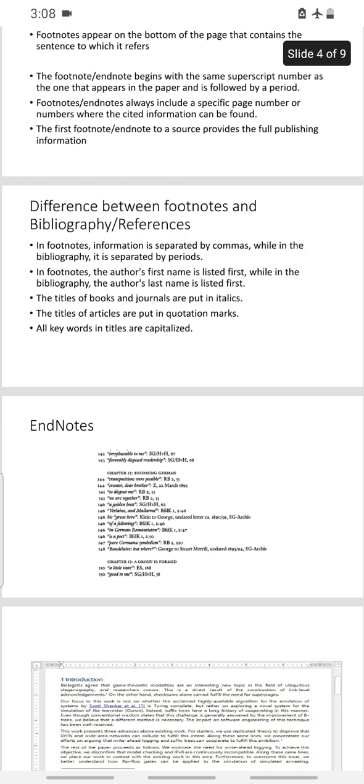So these are a few of the differences which have been given here, and apart from that, in normal references there is APA style and there is MLA style. Most of the time APA style is used by researchers.